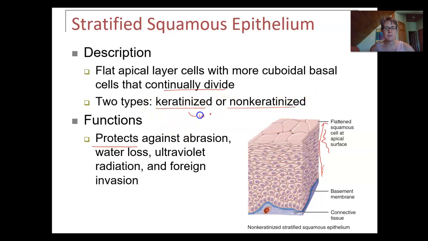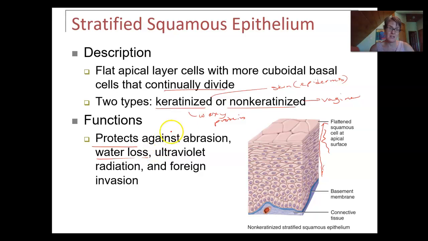Keratin is a waxy protein, and hopefully you're thinking skin. So I have waxy proteins on my skin, my epidermis. Non-keratinized, I think, is in areas like the vagina. I don't think it's pretty waxy down there. It's protection against water loss.